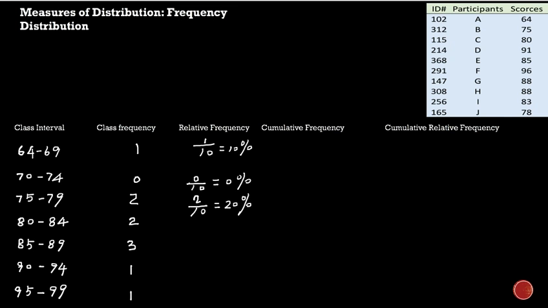Relative frequency is just the class frequency divided by the number of data points, or the size of the data set. So for this class, we have again 2 over 10, 20%.